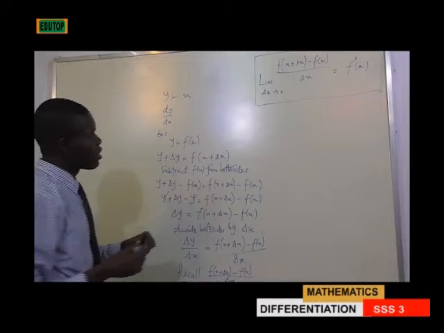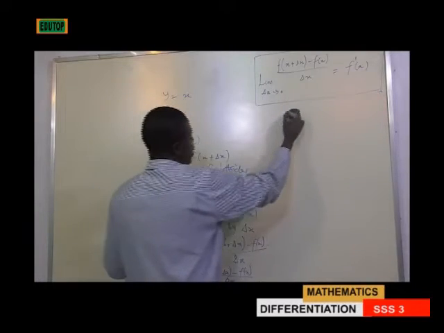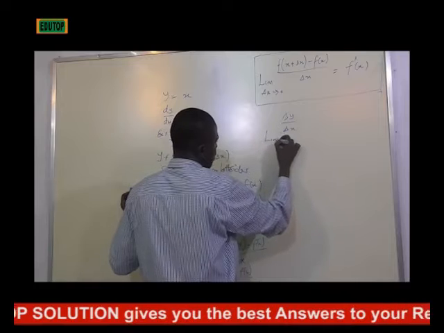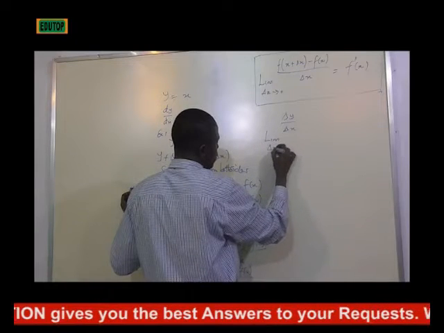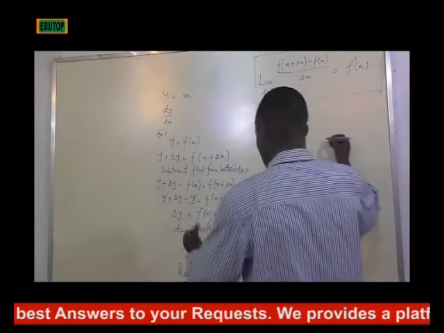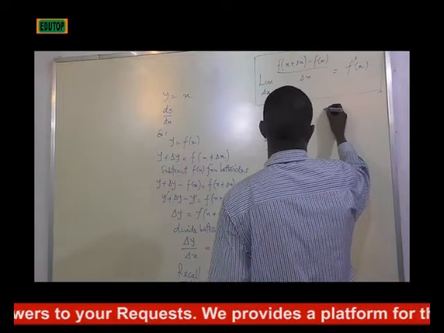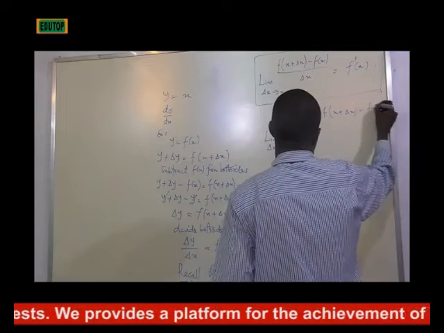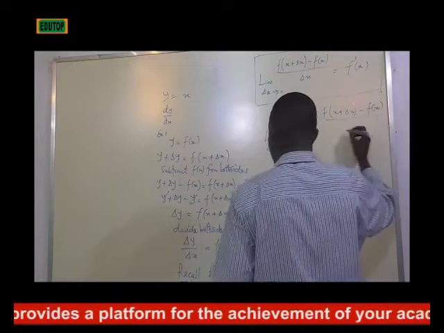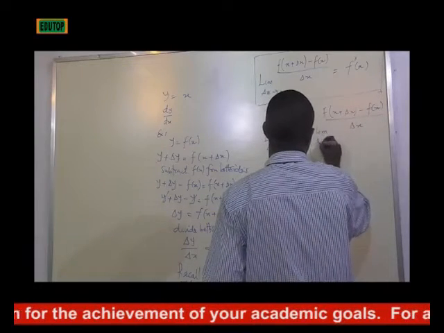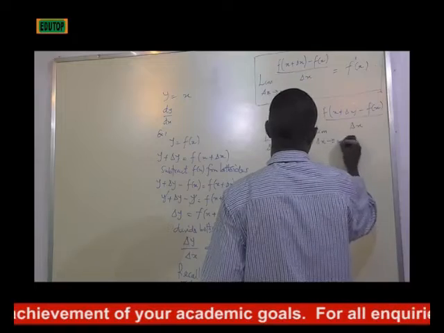So we have a scenario like that here. We have change in y over change in x. We take the limit as change in x tends to 0. Then we have this f of x plus change in x minus f of x over change in x, limit as change in x tends to 0.